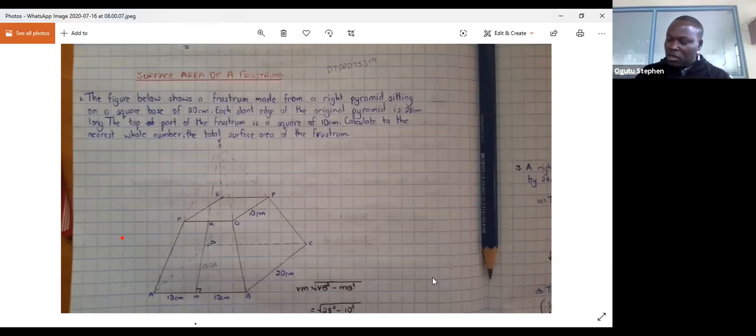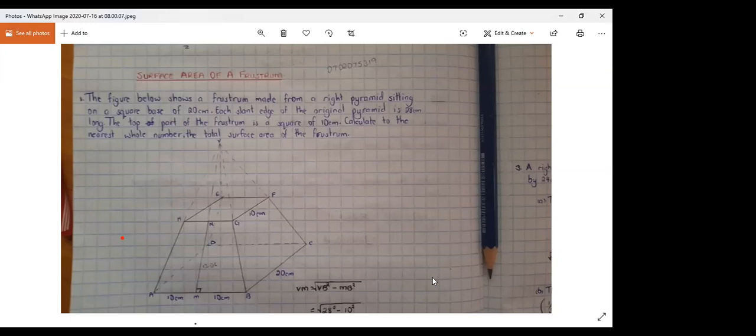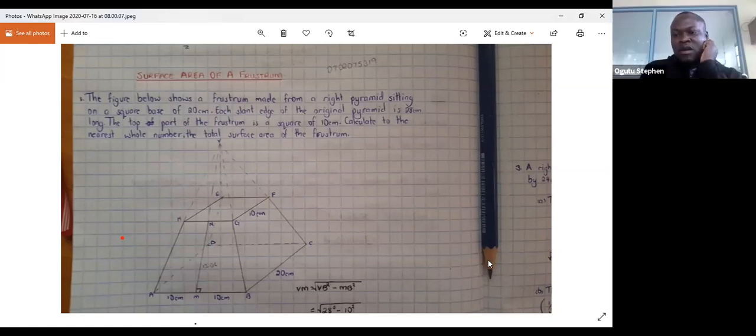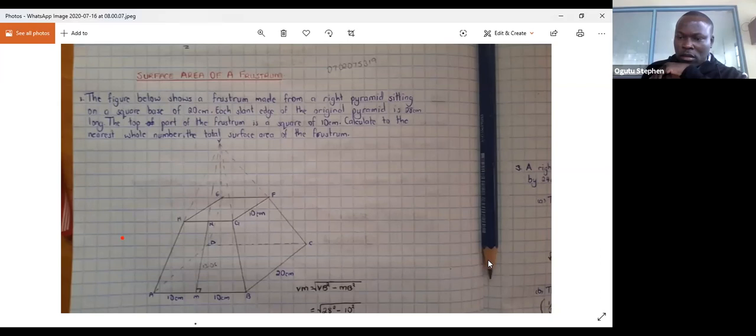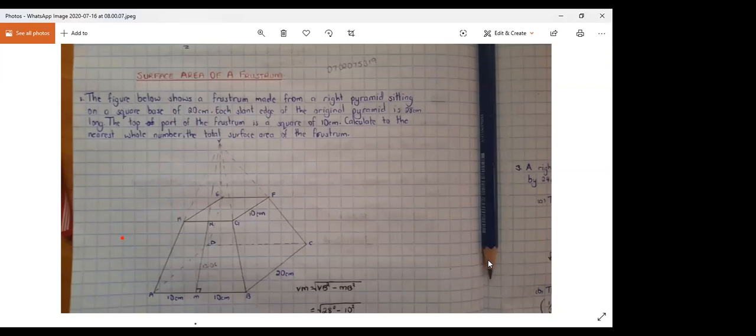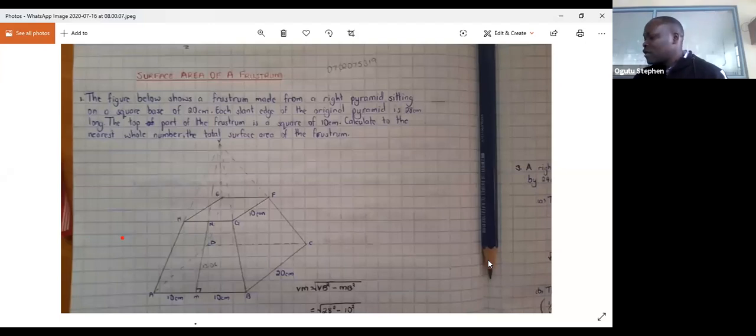I'm getting 13.0708. Sure, don't round it up. 13.08. You can put the answer in 4 significant places.